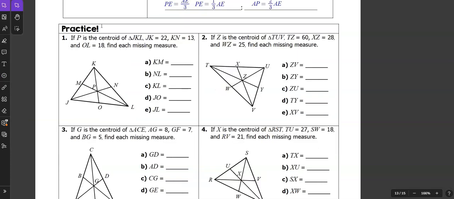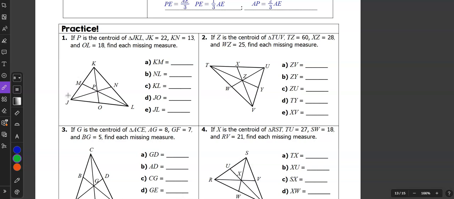All right, so now we're going to do some practice problems. Let's look at number 1. If P is the centroid of triangle JKL, JK is 22, KN is 13, and OL is 18, find each measure. So first of all, we want to go ahead and mark our congruent segments. Because we know P is the centroid, that means KO, JN, and LM are all medians.